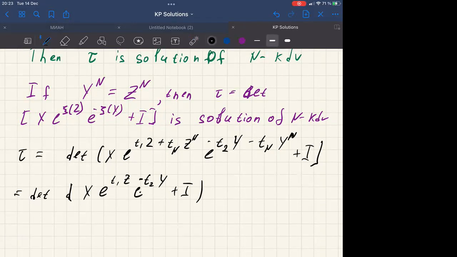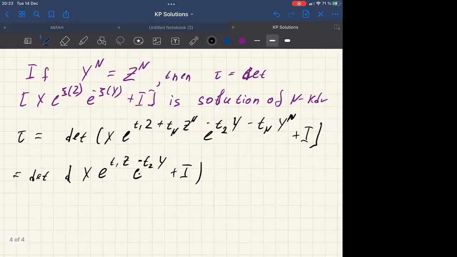So we could see this tau function does not depend on... Wait a minute.